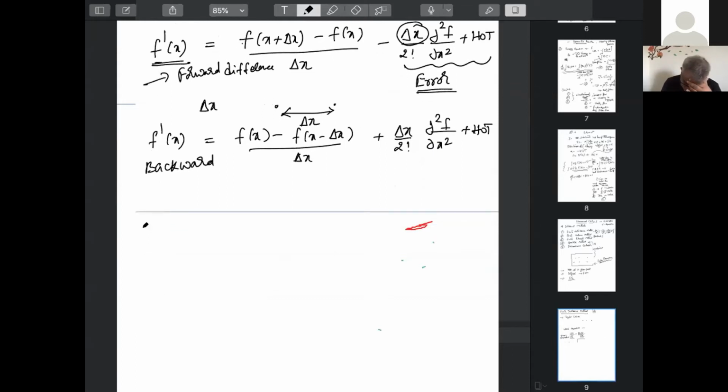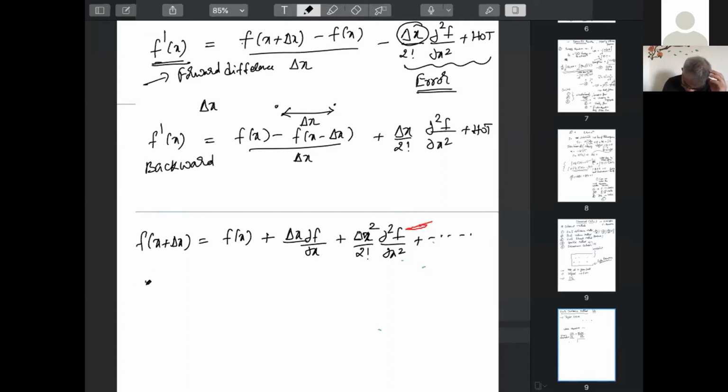So f of x plus delta x is f of x plus delta x del f by del x plus delta x square by 2 factorial, del square f by del x square plus all other higher order terms, and f of x minus delta x is f of x minus delta x del f by del x plus delta x square by 2 factorial, del square f by del x square, and all other higher order terms.